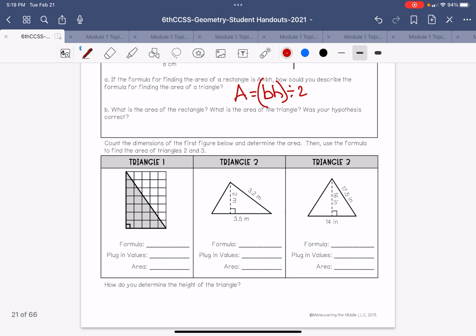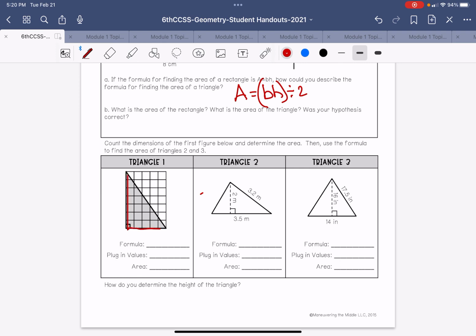So if I look at this triangle number 1 here, this is the height because it makes the right angle down here in the corner. Okay, so here's the height.